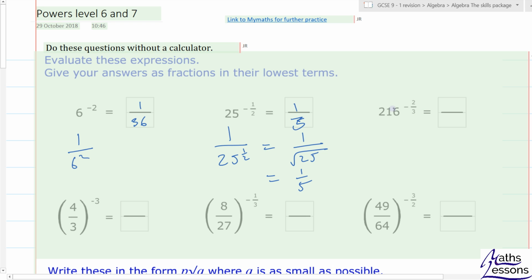Right, 216 to the minus 2 over 3, so that's going to be 1 over 216 to the power of 2 thirds.